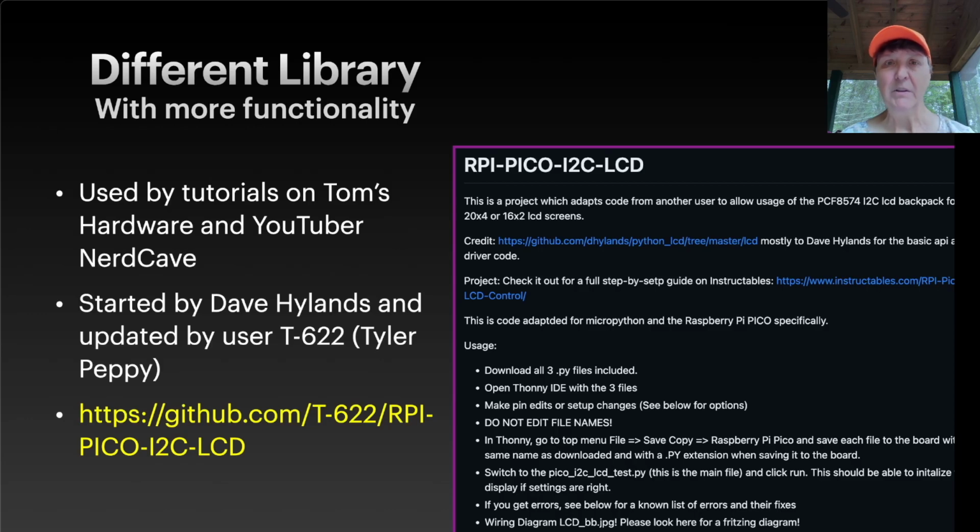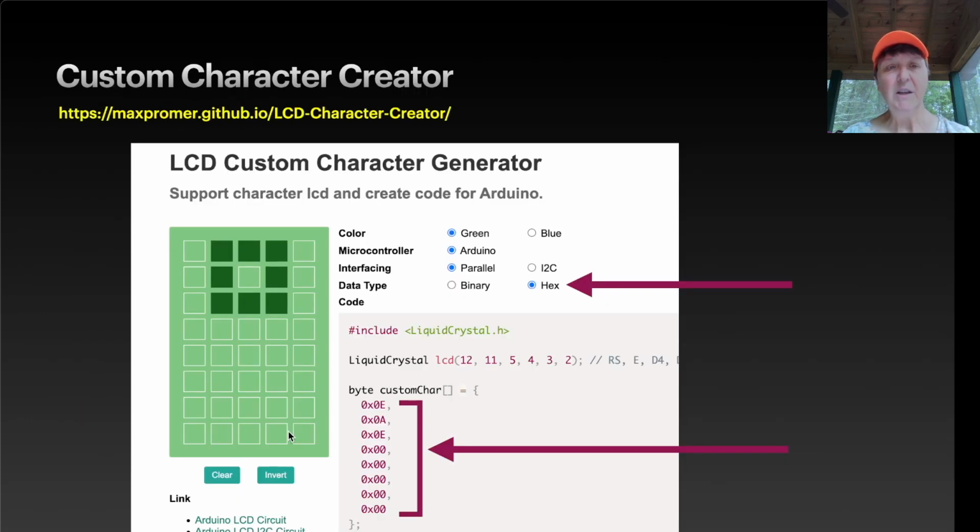The nice thing about this library was it allows you to use some custom characters, and I remember with Arduino, one of the libraries I used allowed that too, so it's nice to have that functionality. And so they point you to this custom character creator page, which is intended, I think, to use with Arduino, but what you really need to do is to get this hexadecimal code for when you create this custom character.